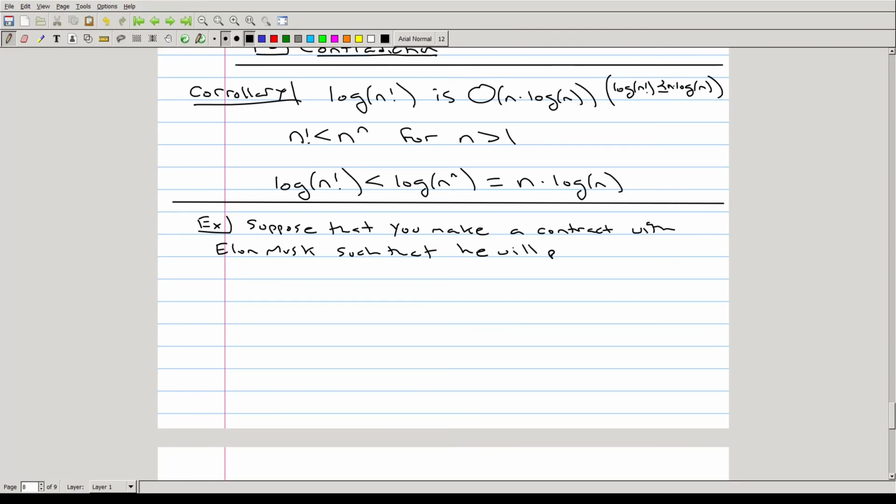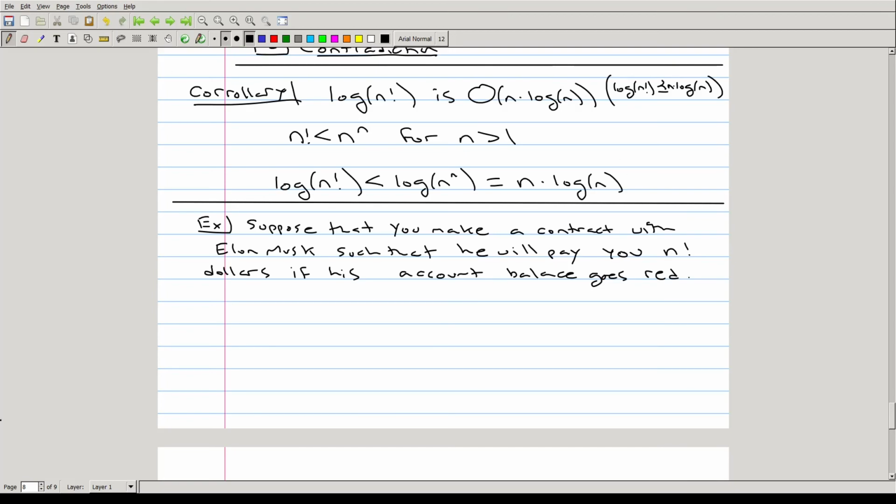he will pay you n factorial dollars if his account balance goes into the red. It means he doesn't have enough money to cover his account balance.